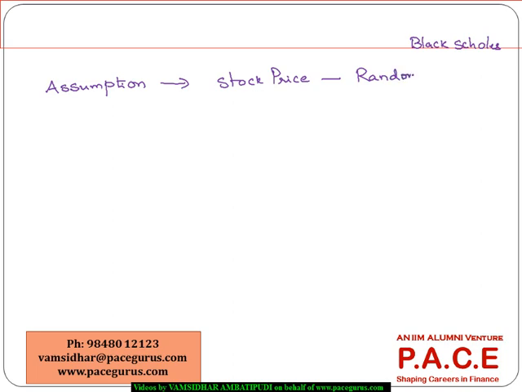So it can either go up or go down. Today if the stock price is S0, after let's say 1 month, it can either go up to some Su or go down to Sd. That's a major assumption.